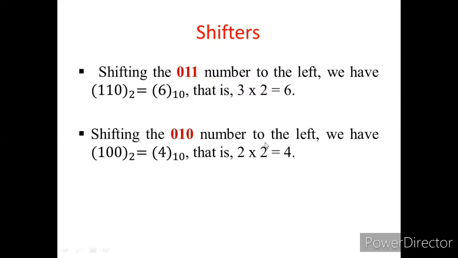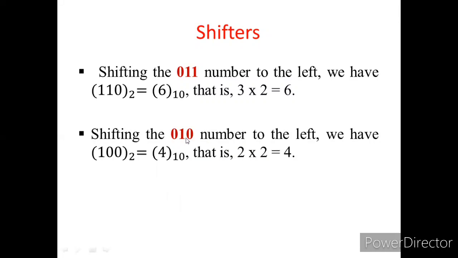Now let us see shifting to the left. When we shift the number 0, 1, 1 to the left, we get 1, 1, 0, that is 6 in decimal. That is 3 into 2 is 6, which is nothing but multiplication. So shifting left gives the multiplication operation.